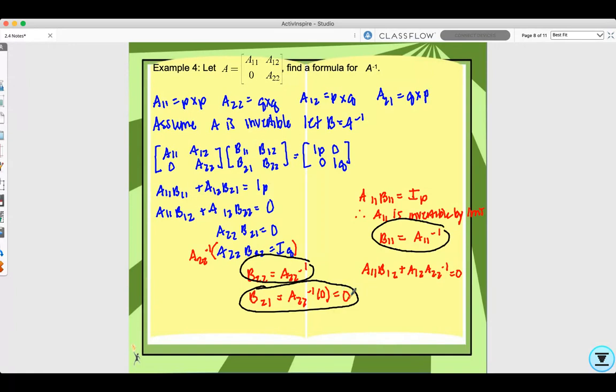And then this would be A11 B12 equaling negative A12 A22 inverse. And then I would go ahead and take the inverse of A11. So B12 would equal negative A11 inverse A12 A22 inverse.